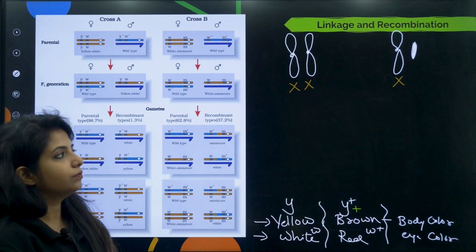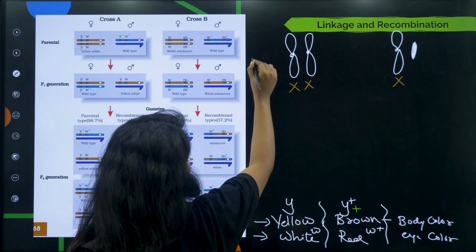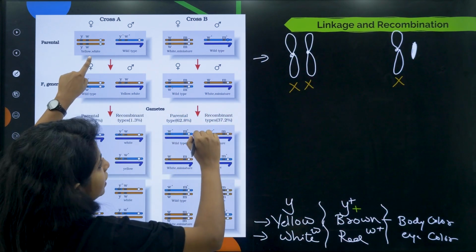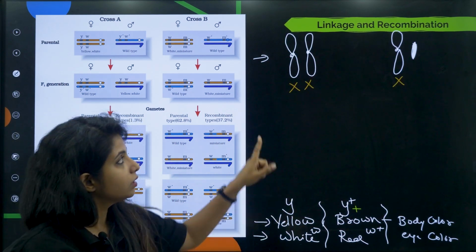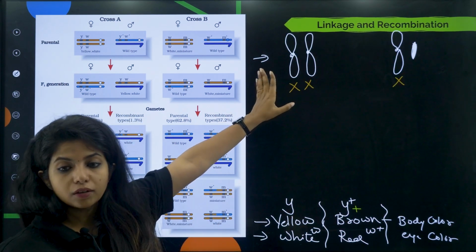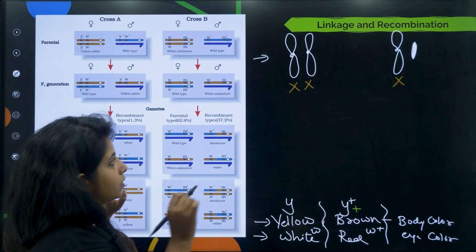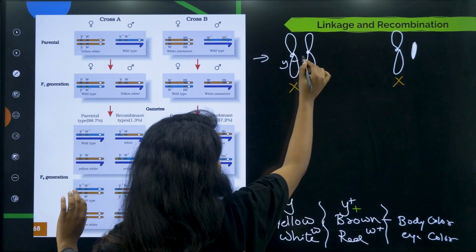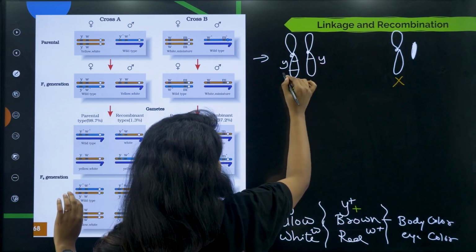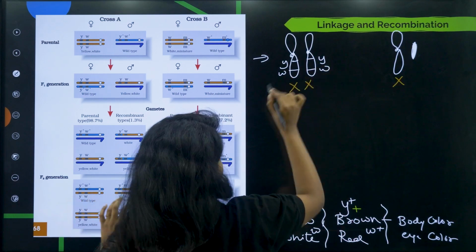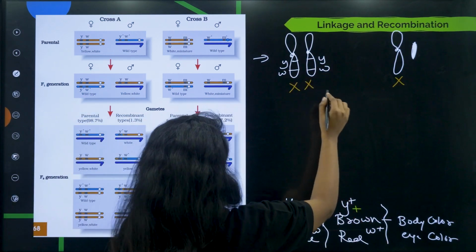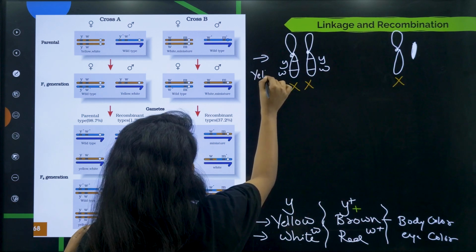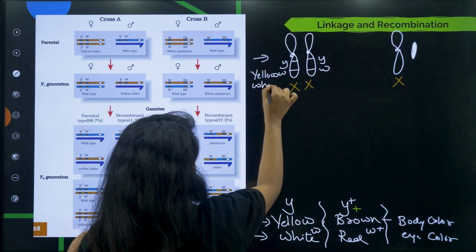Cool. Now I am saying the female which was there, as you can see over here, was yellow and white. For it to be yellow and white, both the chromosomes should have the recessive alleles. So small y, small w, small y, small w.